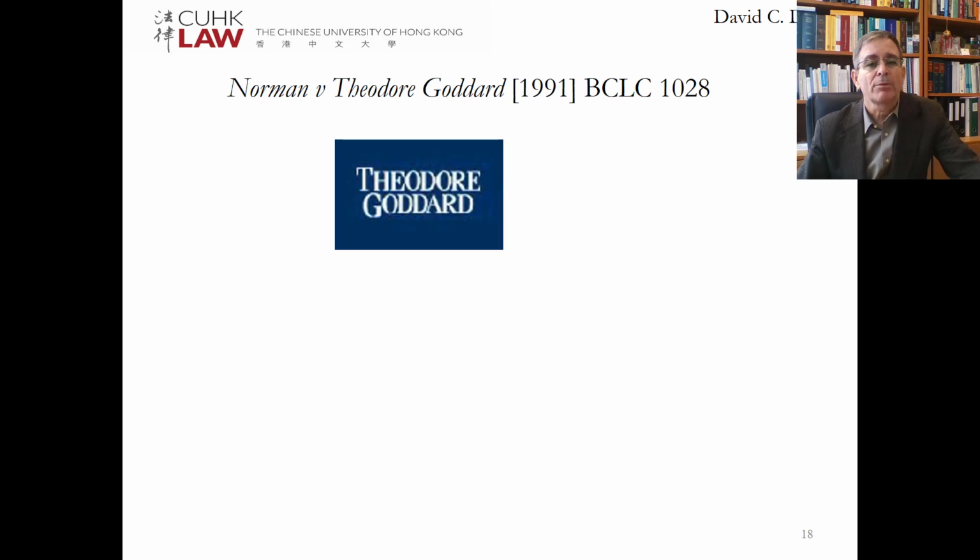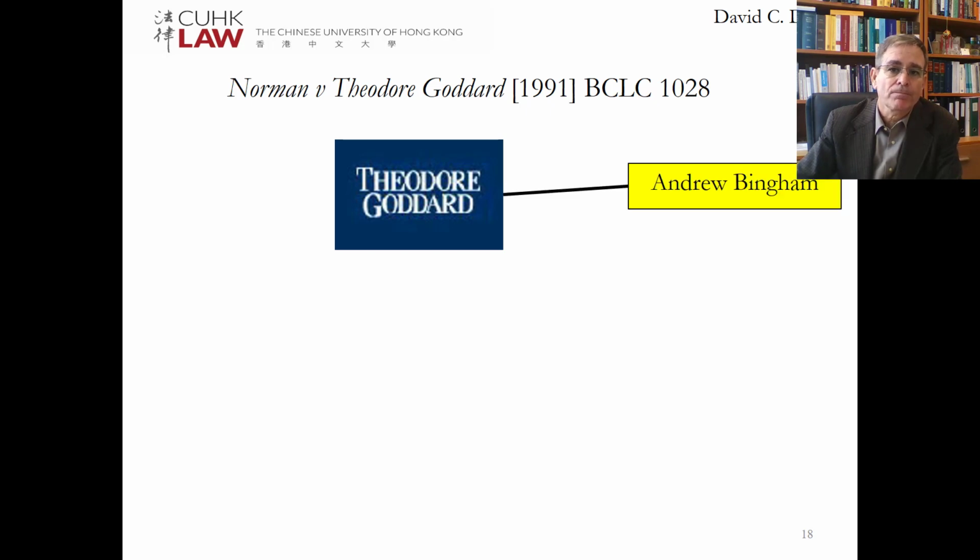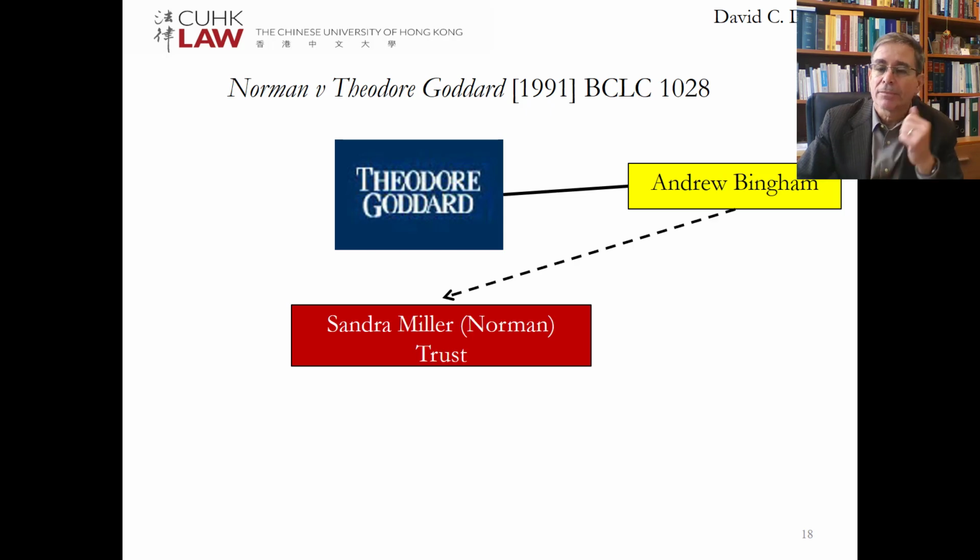So essentially we've got a firm of solicitors which does complex estate planning with trusts. Andrew Bingham is a partner. Andrew Bingham represents the Sandra Miller Trust. Sandra Miller is later married and changes her name, and that's why the case is Norman and not Miller.